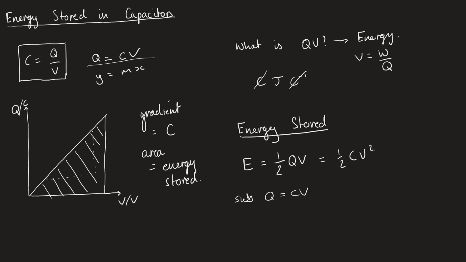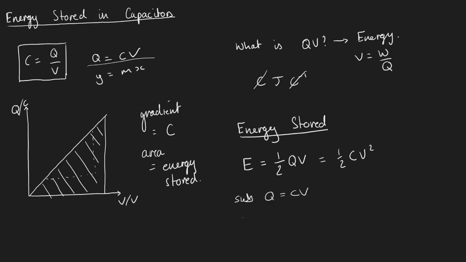Now I can say for certain that if I double the potential, for example, I'm increasing the energy by a factor of 4. Because my proportionality is that E is proportional to V squared, since half C is always going to be a constant.